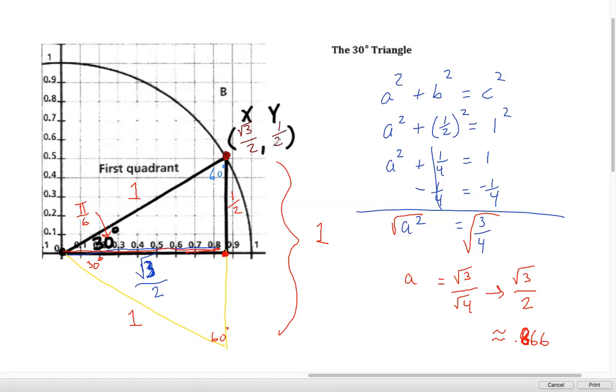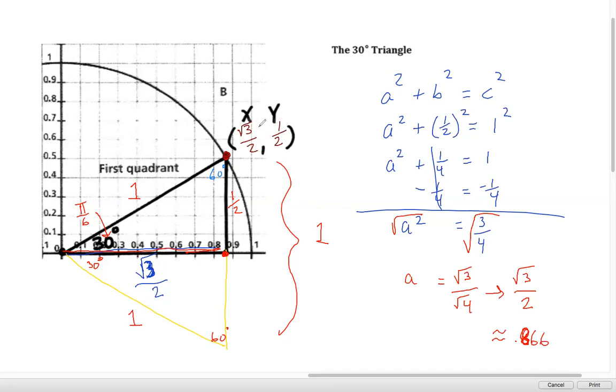Now, I know different teachers have different gimmicks for this, but I think about it the following way. For 30 degrees here, I have to go much more to the right than I have to go up. So more x than y. And I know that √3 over 2 is longer than 1/2. So I know for 30 degrees, this longer one, √3 over 2 comes first, 1/2 comes second.